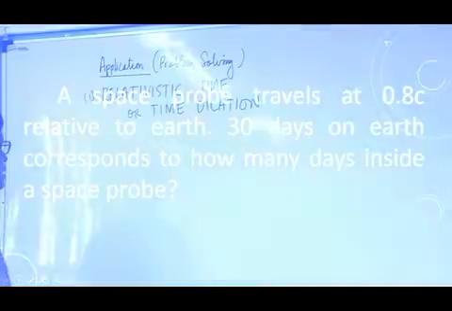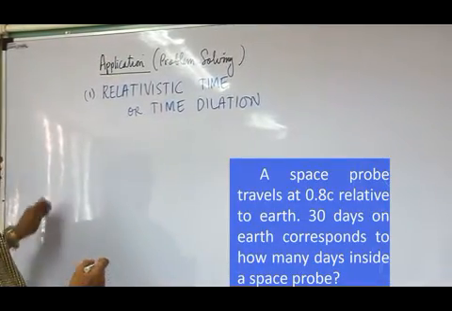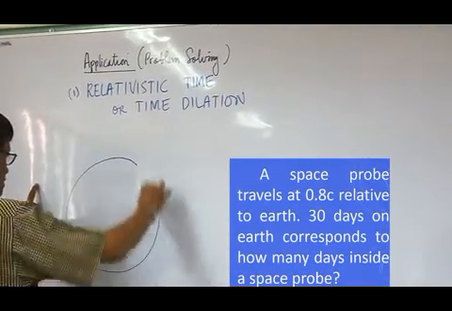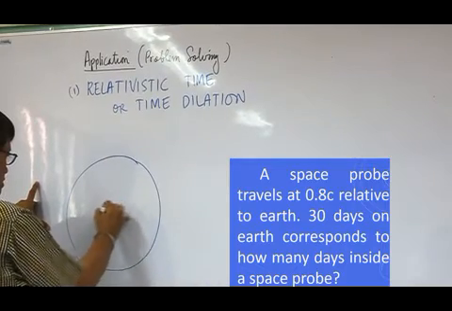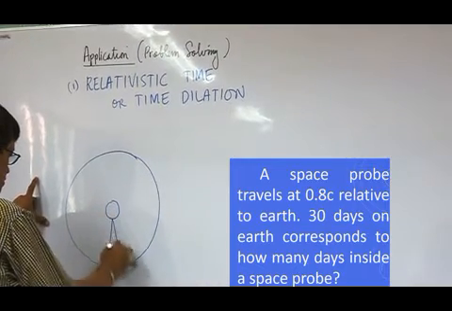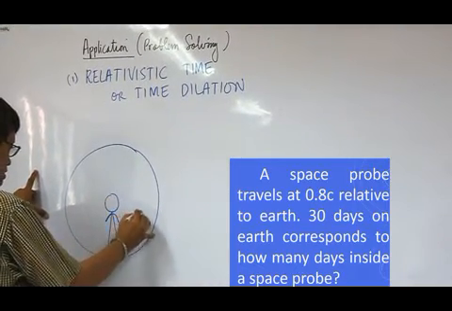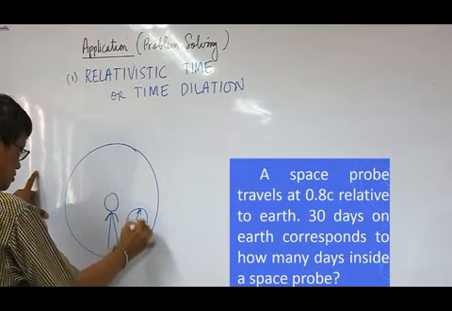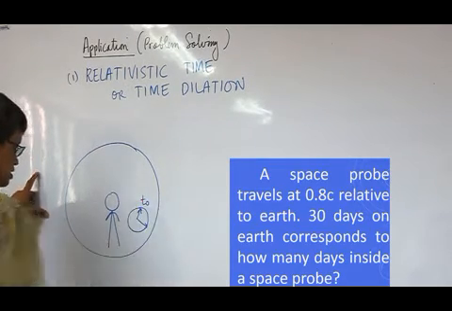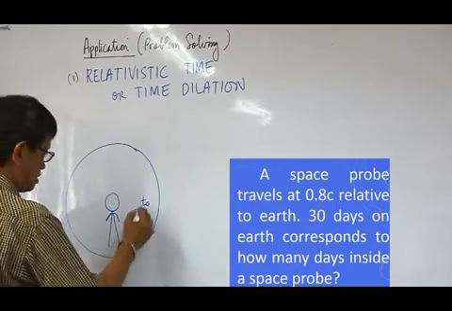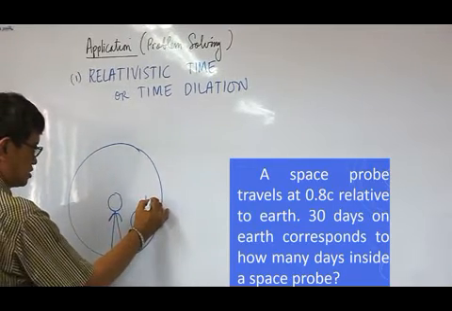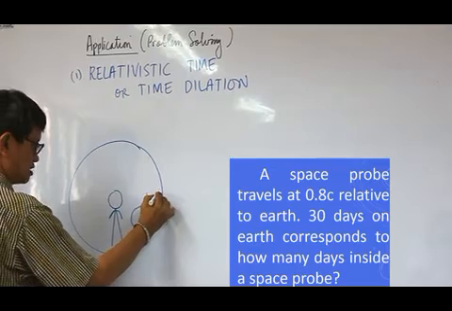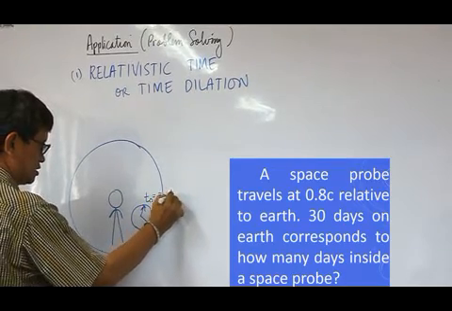To solve the problem for time dilation, as stated, there is an observer on the ground, on Earth, seeing the clock recording the time, which is at rest with him. Since the clock recording time is at rest with the observer, the time recorded by this clock, as seen by the observer, is 30 days.